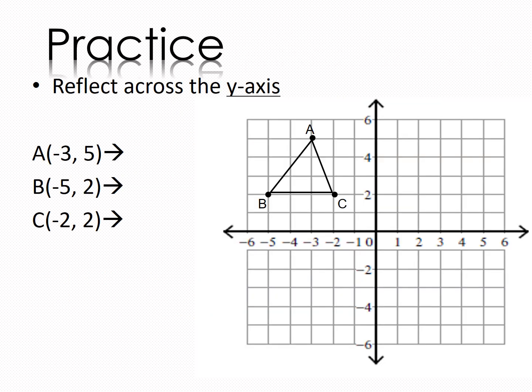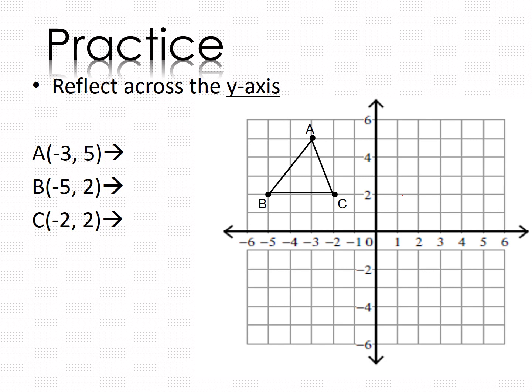We're going to practice here. Reflect across the y-axis. Pause the video, try to figure it out, and then we'll get the answers, okay? We're going to reflect across the y-axis. That means that the y values stay the same, the x values change.